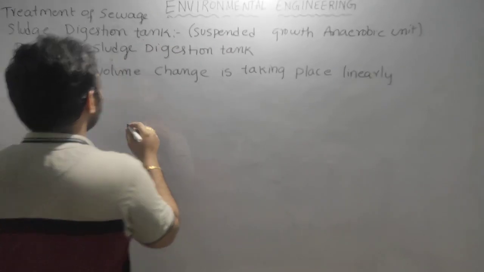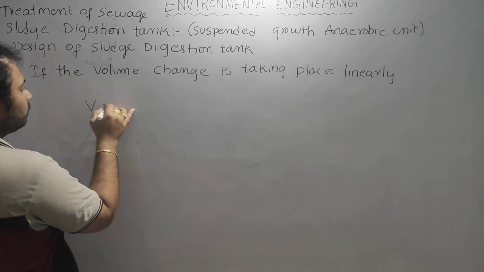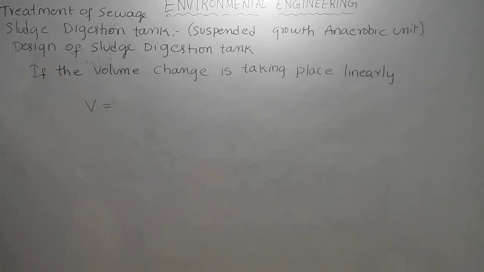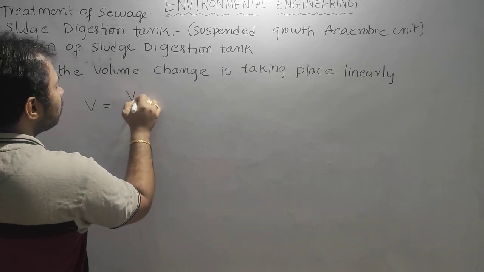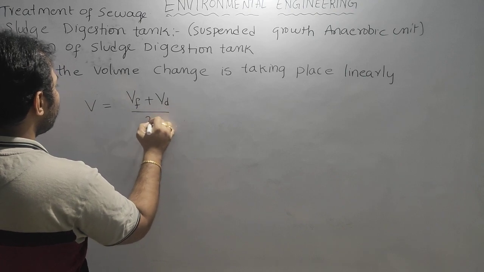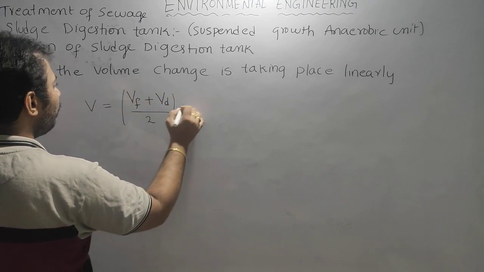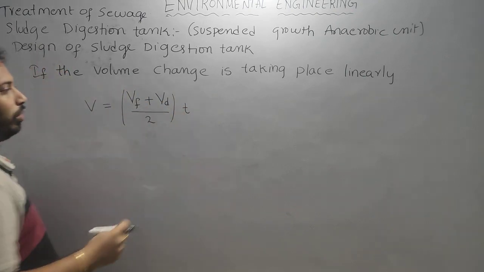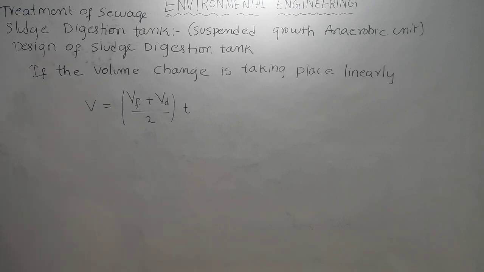then the volume of the sludge digestion tank is equal to (Vf plus Vd) by 2, into T. So what is Vf?